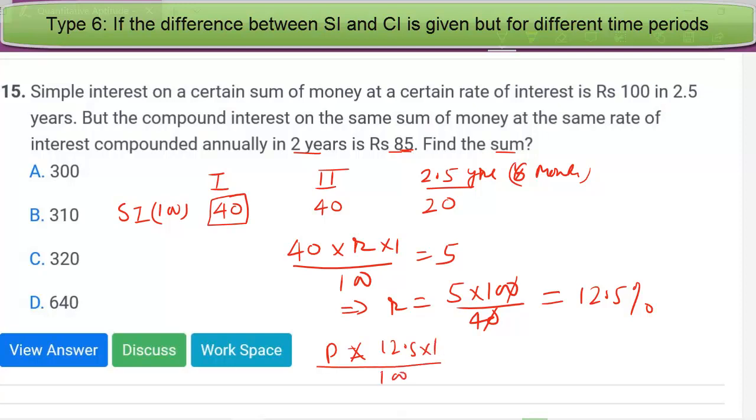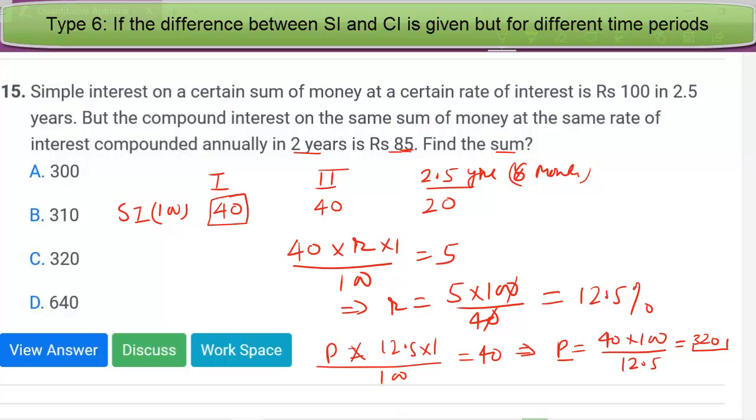So from here I can get P is equal to 40 into 100 divided by 12.5. So 100 by 12.5 is basically 8. So 8 multiplied by 40 will give you 320. So 320 should be the sum, and that should be the answer. So let me check. Yes, answer C is correct.